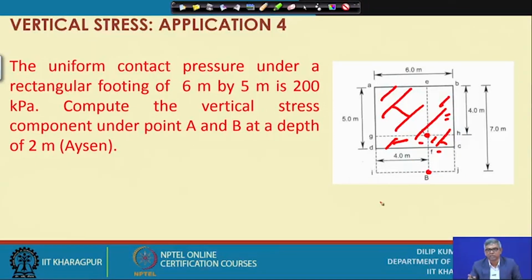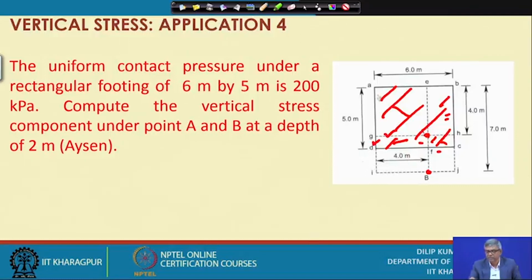Again for this I can find a by z and b by z, and then apply the original corner formula, and by that I can find out the pressure at this point because of this area. Next, if I take this area, a will be this one, 4 meter, and b is this one, 1 meter. Once again I find a by z, b by z, that is m and n, and apply the formula again to get the effect of this area at this point.